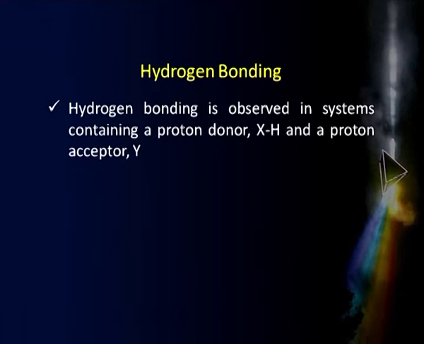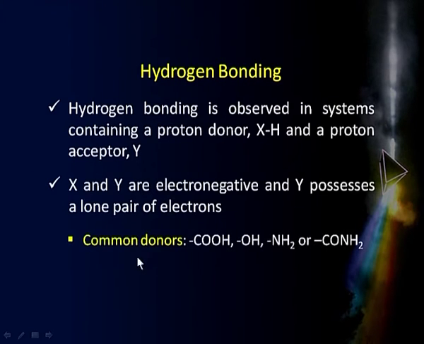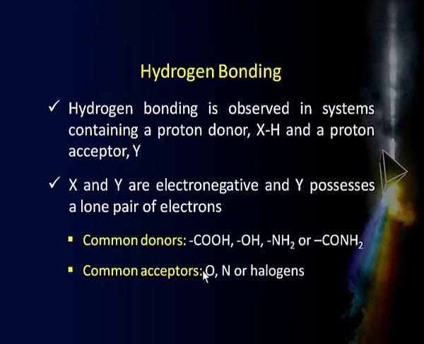Let me take some examples here. Now, this X and Y are electronegative in nature, and Y also possesses a lone pair of electrons. Common donors are, say, a carboxyl group, a hydroxyl group, NH2, CONH2. All of them have hydrogen that can lend itself for hydrogen bonding. On the other hand, the common acceptors are typically oxygen, say in a carbonyl group, and the carbonyl oxygen atom has lone pairs on it, so that can accept a proton to bind with.